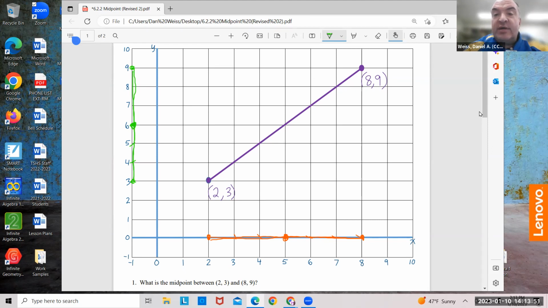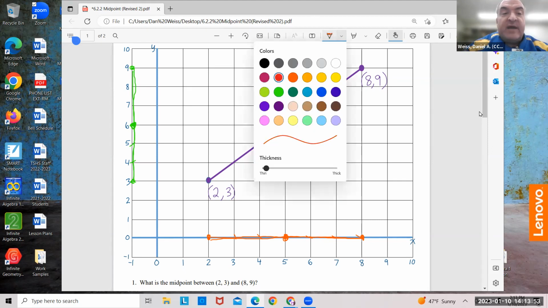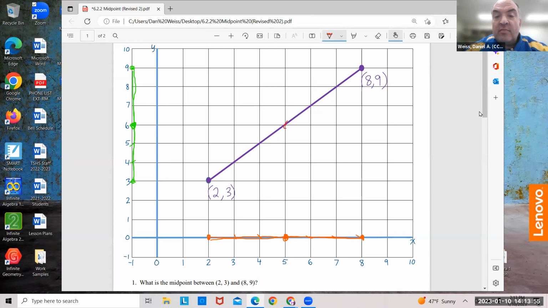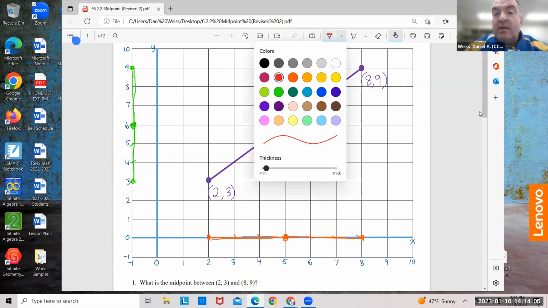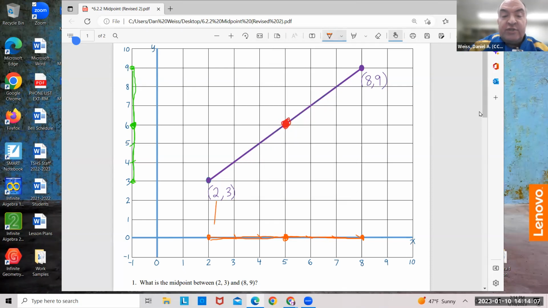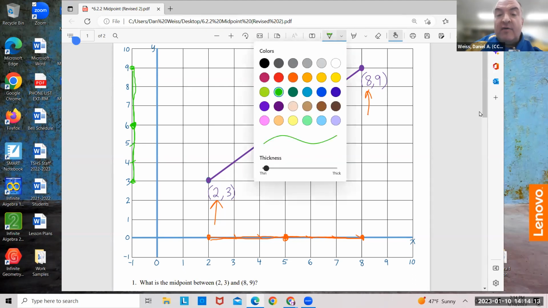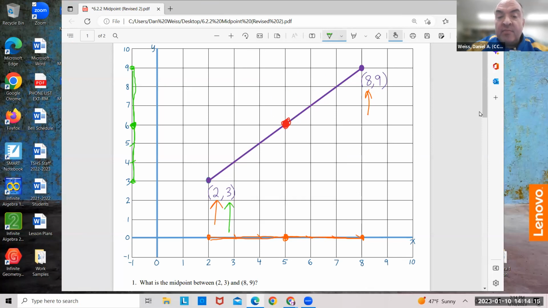So your answer is going to be 5, 6. Okay. Now, that's the midpoint. That's the middle, right? All you're doing is you're finding the middle of 2 and 8, and then the middle of 3 and 9.